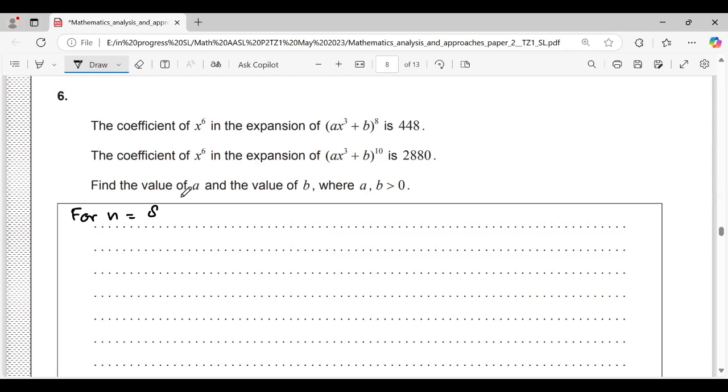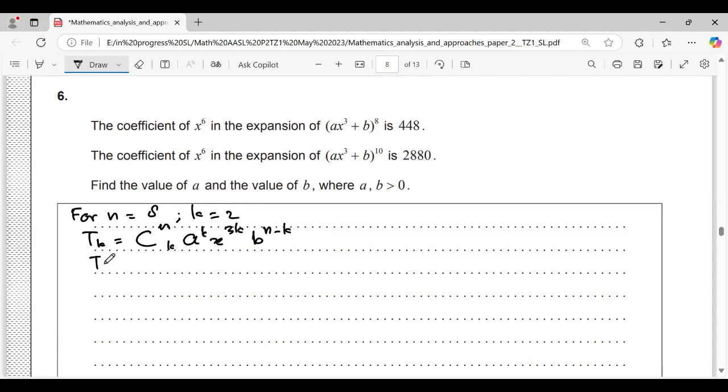So we can use the binomial formula, this one: T_k equals the combination n choose k, times a power k, x power 3k, b power n minus k.